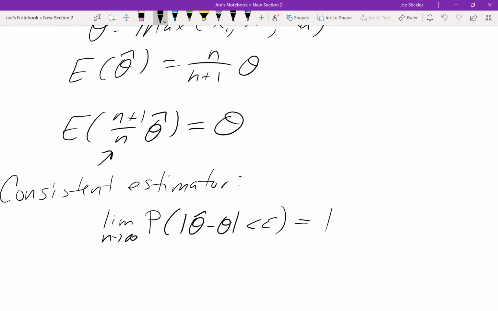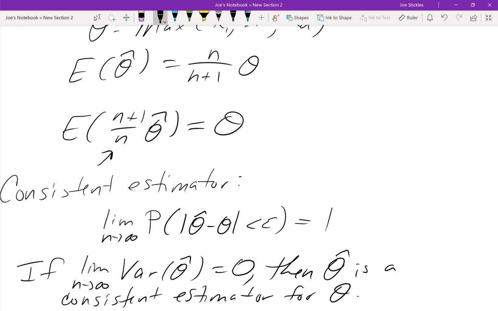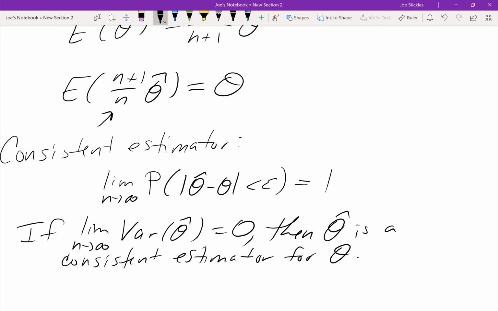So if the limit as n goes to infinity of the variance of theta hat is equal to 0, then theta hat is a consistent estimator for theta. Remember, for this, we also need that theta hat is unbiased.